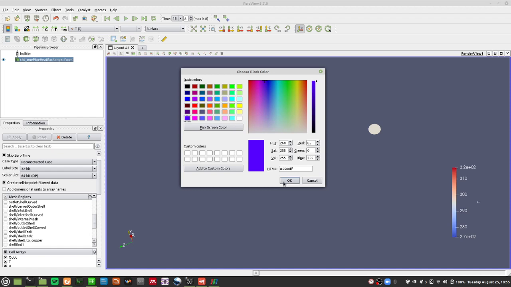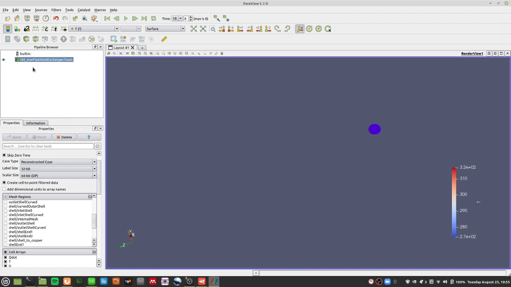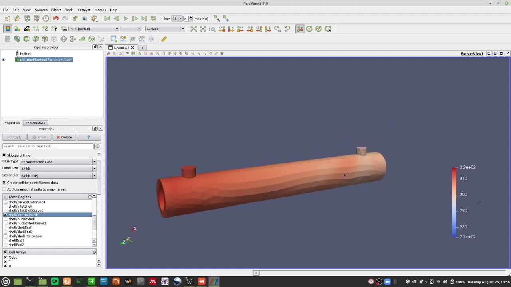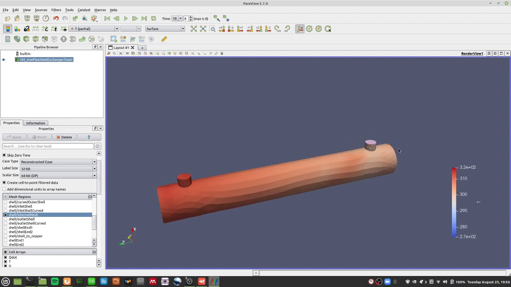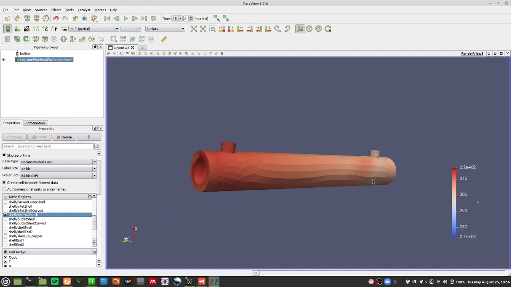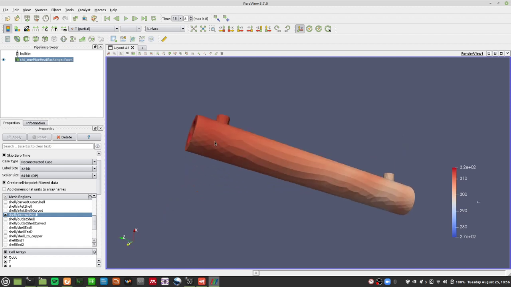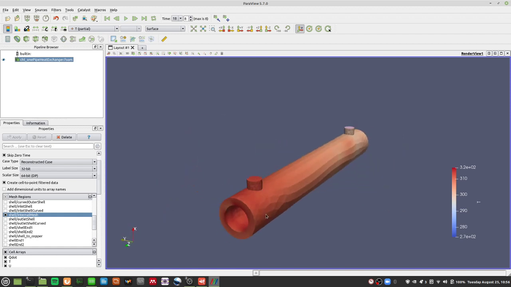So I'll just set it as purple, and let me put back the internal mesh for the shell. Okay, where's the internal mesh? Shell internal mesh. There you go. So you can see that this is the inlet, and as the fluid goes through this medium, it gets heated up and it exits through the outlet.